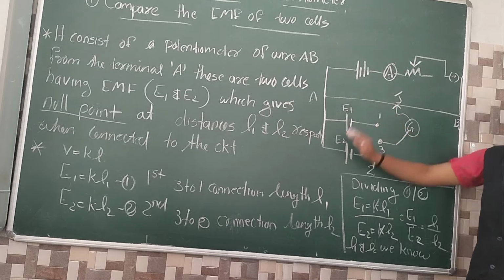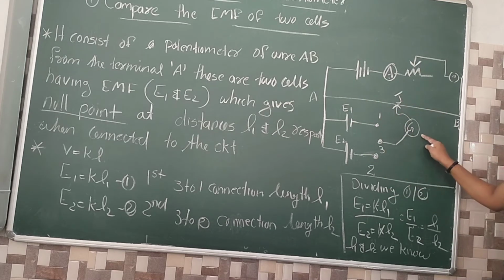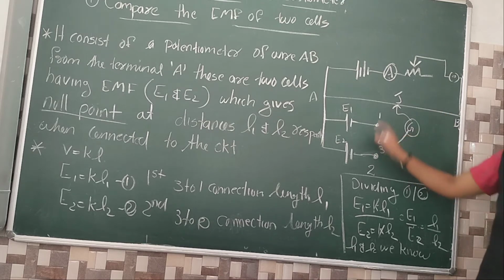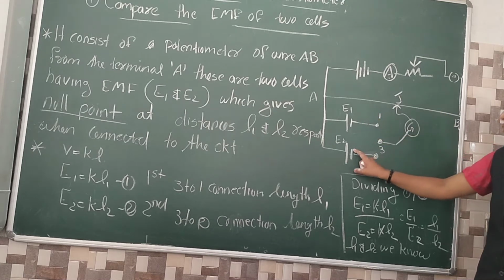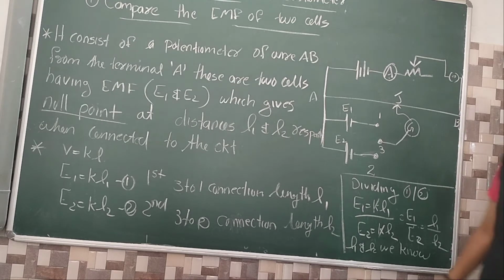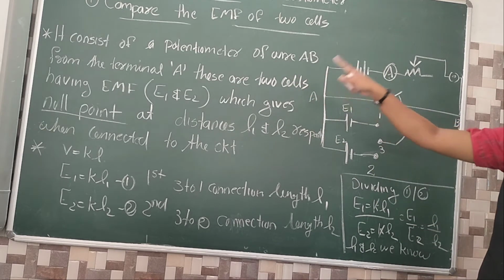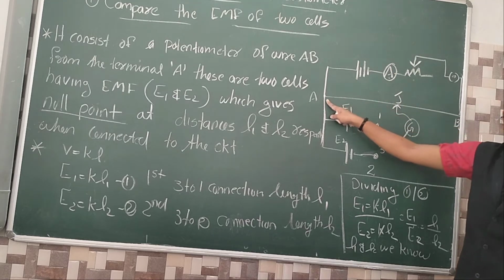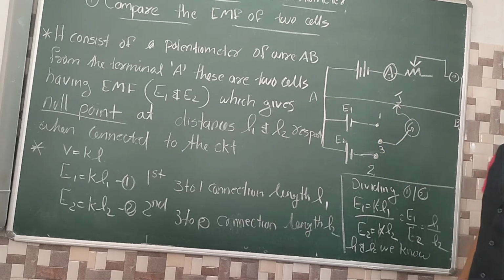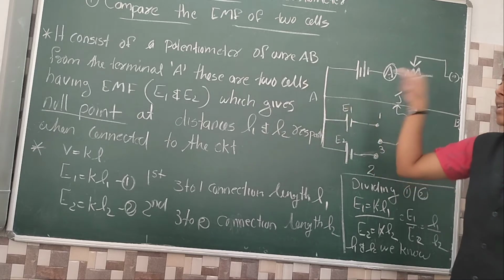Next, the secondary circuit has a lot of changes. First one: normally the galvanometer and jockey are connected, but now we should arrange cell 1 and cell 2 like an alternate connection, also possible through the galvanometer to jockey. Okay, then how will it be used? Listen here. It consists of a potentiometer wire AB, from the terminal A. These are the two cells having EMF E1 and E2, which give the null point.